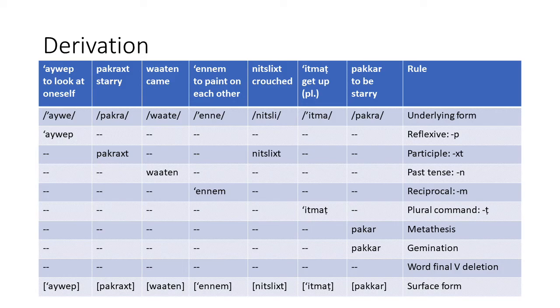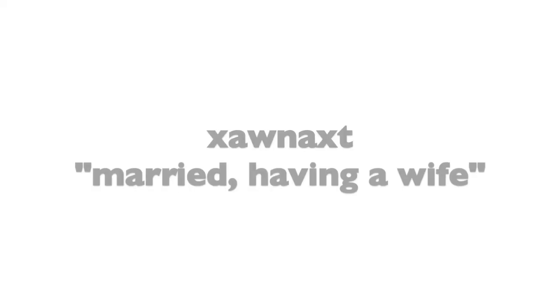So if you come across the word gauwnacht for married, which literally means to have a wife, you can think, what is the infinitive form? You can just take off the xt at the end. Now all you have is gauwna. But you know that in Rumsen, you usually cannot end a word with a vowel.